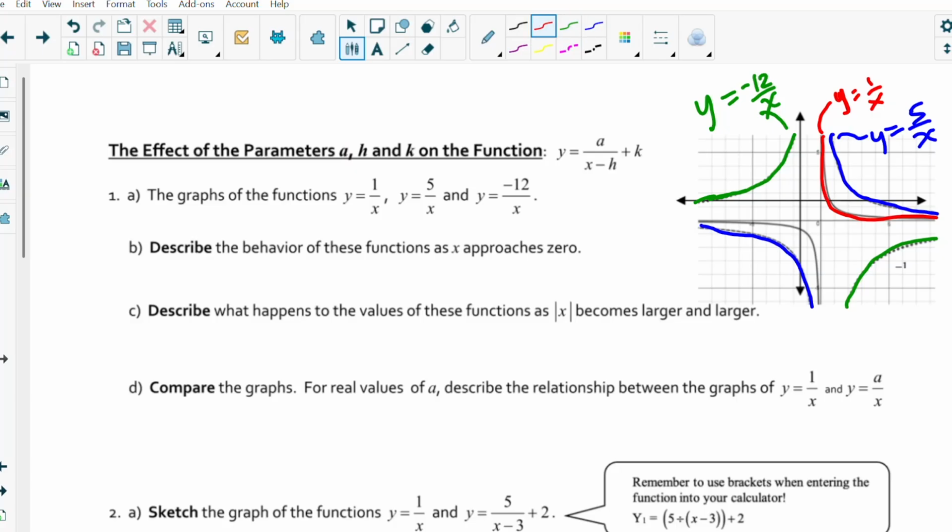So, as x approaches 0, the absolute value of y approaches infinity. When I take a look at this, x approaches 0 would be this way.